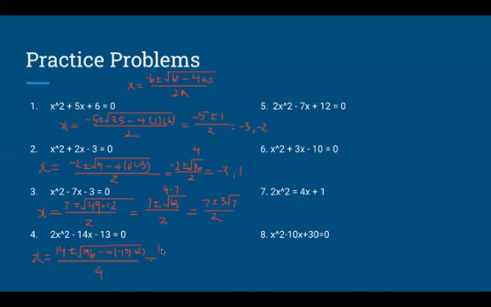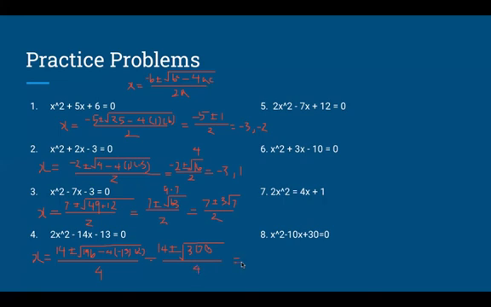Once again, if we simplify this, make sure that because there are two negatives, it's a positive number. So 196 plus 4 times 13 times 2 gives us 300, over 4.